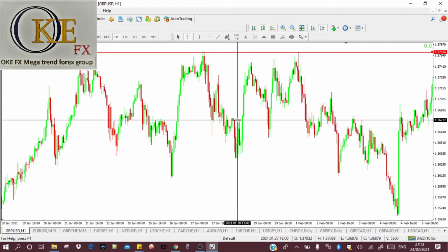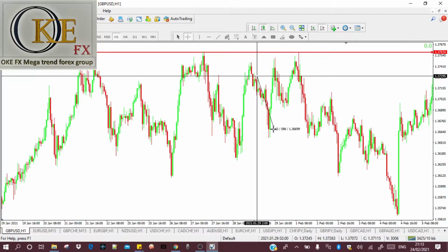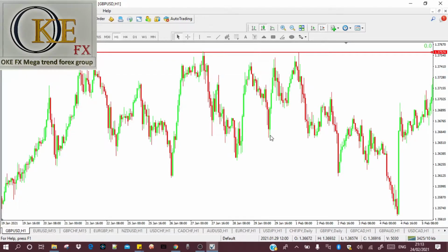Now, for someone who was trading support and resistance, notice that he missed an opportunity to take a trade here that would have landed him about 69 to 70 pips profit in the market. And why?